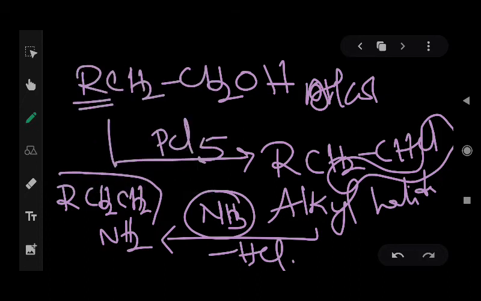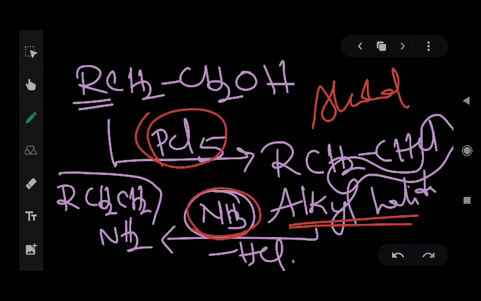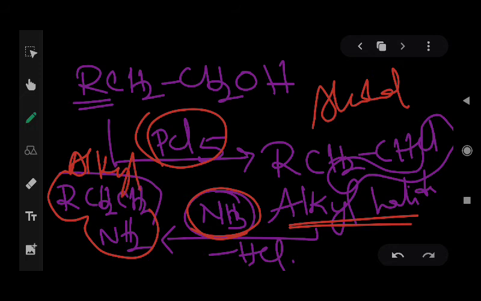Alcohol is converted into alkyl halide by adding PCl5, and again by removing hydrogen along with chlorine, we get an alkyl amine. This is one more conversion.